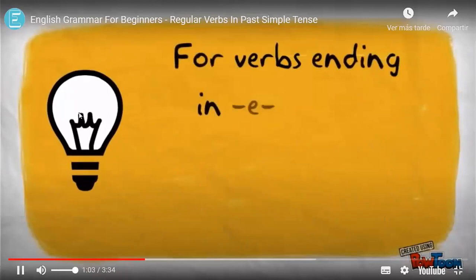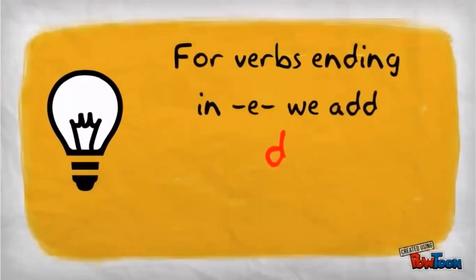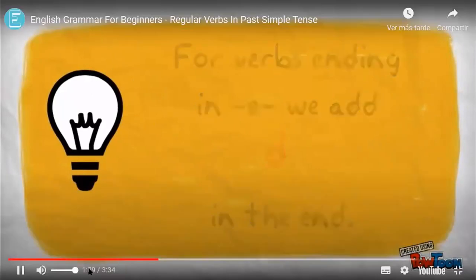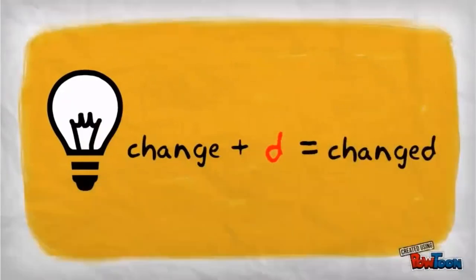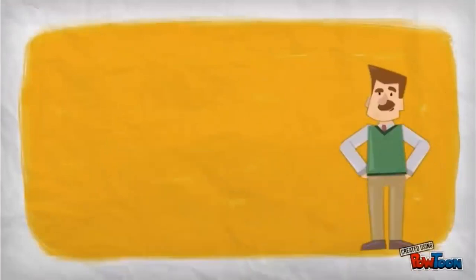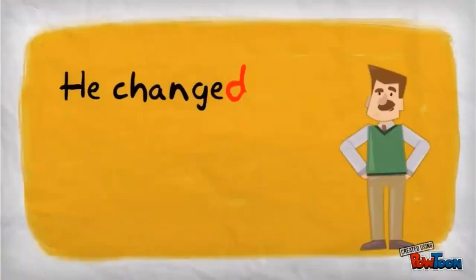For verbs ending in E, we add D in the end. For example, change, changed. He changed his clothes.